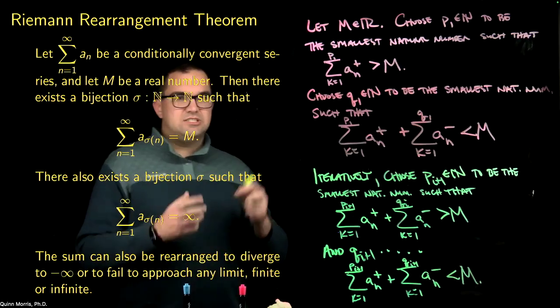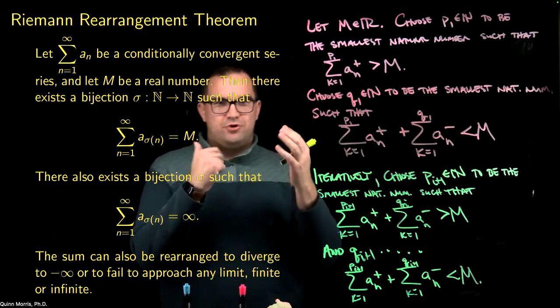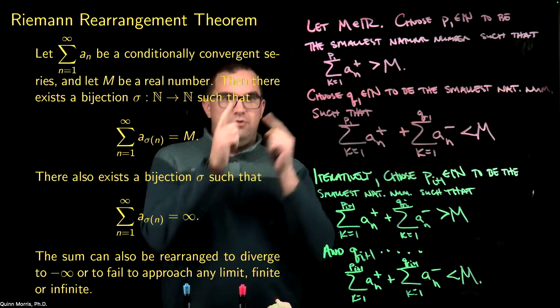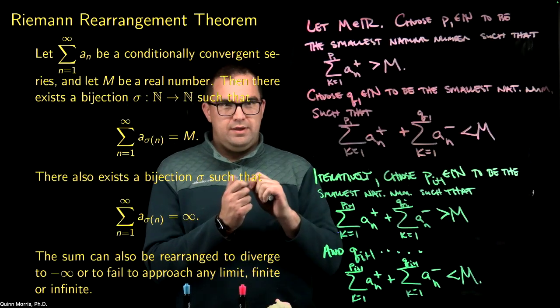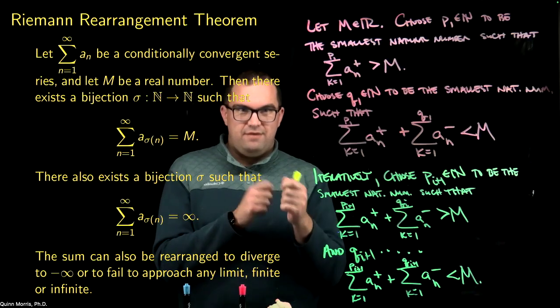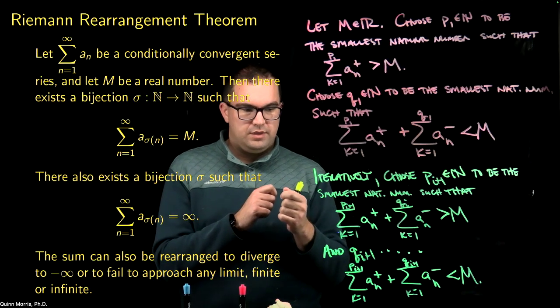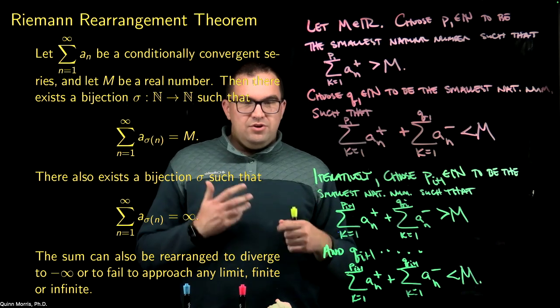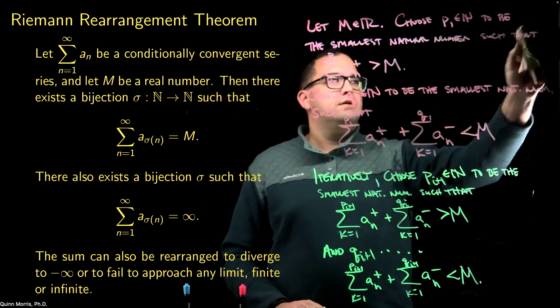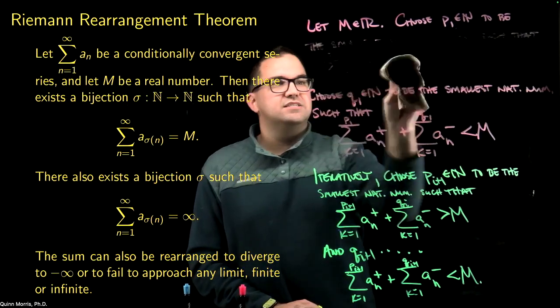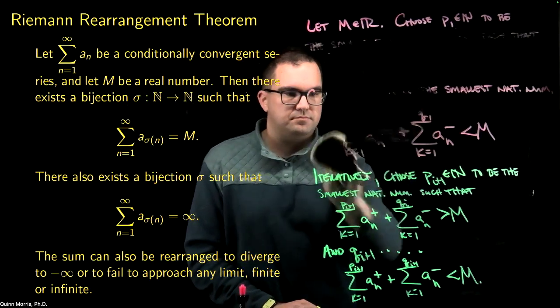So the idea is I just keep adding in little bits of positive terms, negative terms, positive, so that my whole sum is going just above m, just below m, just above m, just below m, so on and so on. Now, in doing this, what I'm really doing is reordering the sequence of my terms.